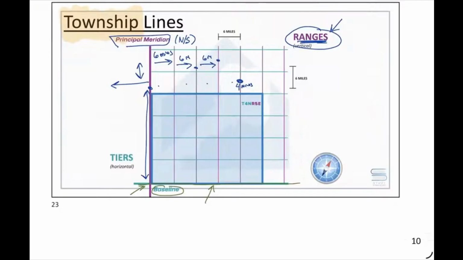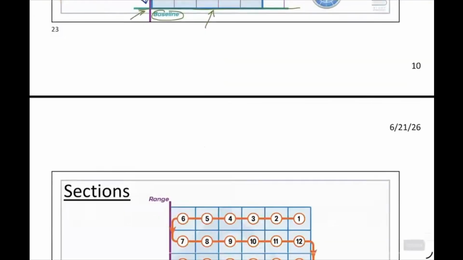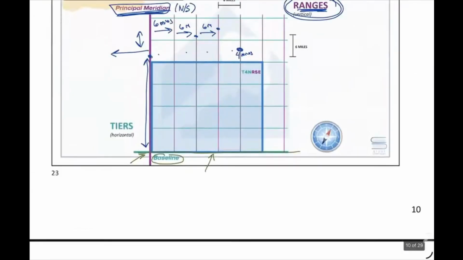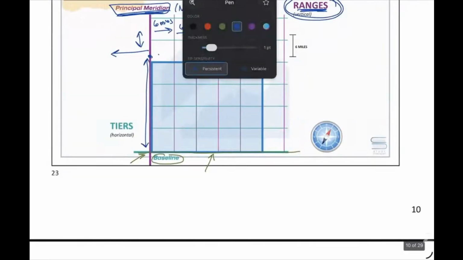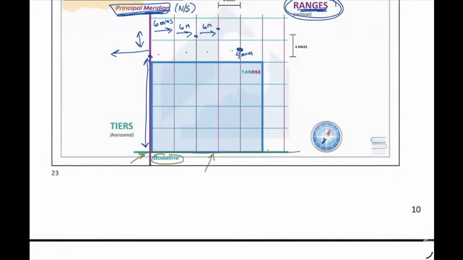Right? So every 6 miles from your principal meridian, you have a range line. Right? And then every 6 miles, let me choose another color. Let's do red. From your baseline, you go 6 miles. And then you go here. And then you go another 6 miles. And then you go another 6 miles.